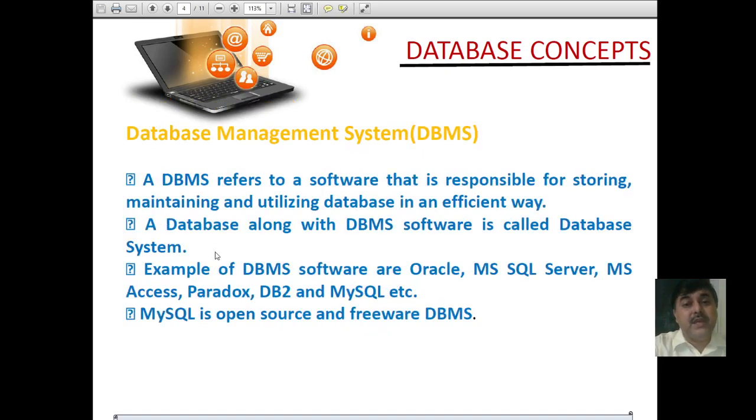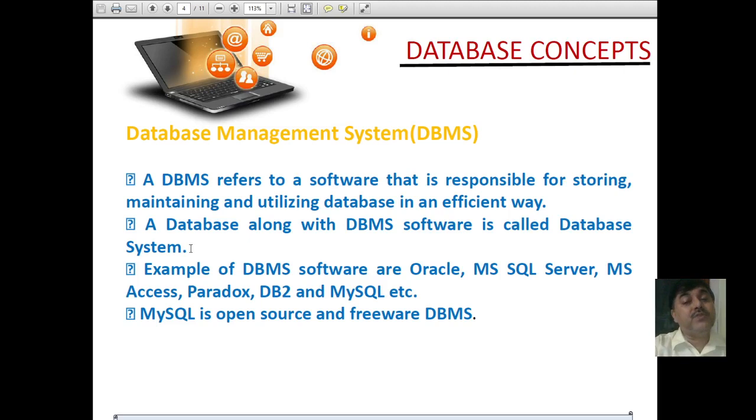Now, database management system, DBMS. DBMS refers to software that is responsible for storing, maintaining and utilizing the database in an efficient way. That means we want to maintain and work on it efficiently. A database along with DBMS software is called database software.